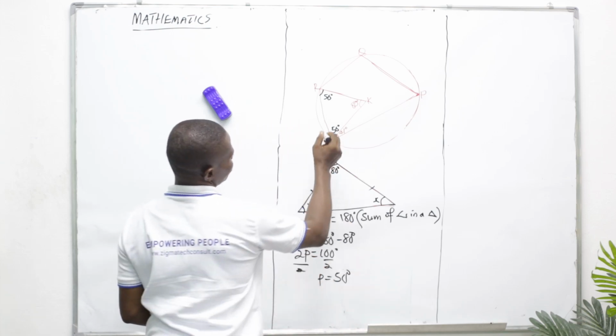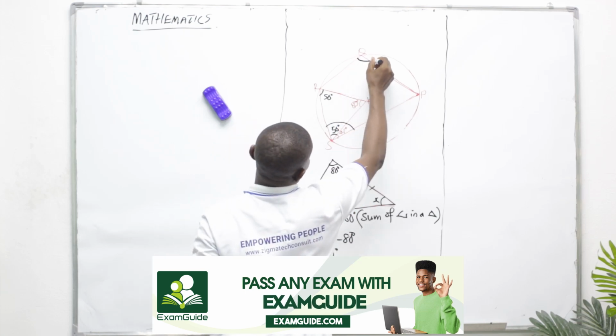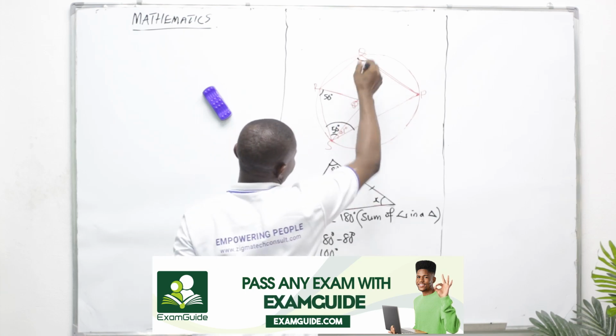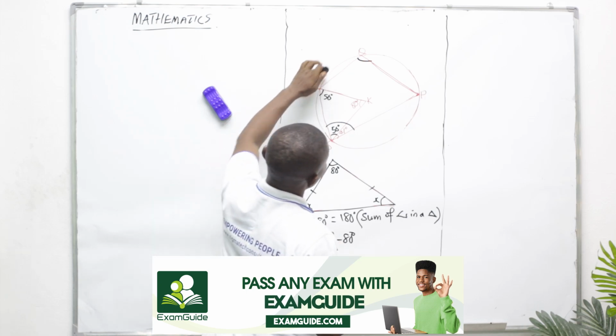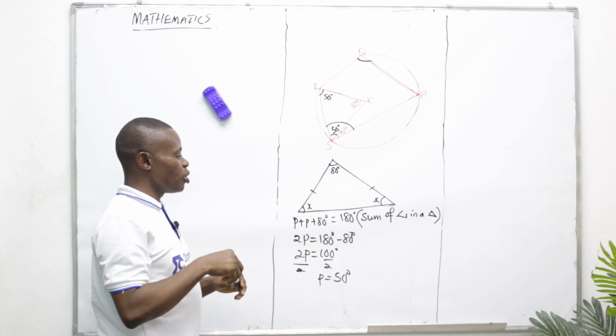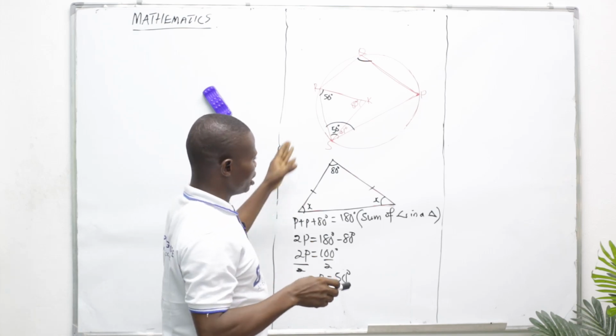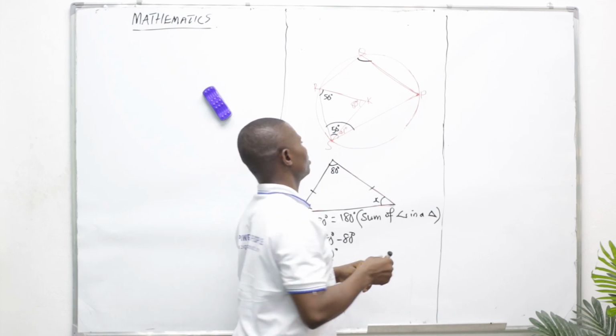We will have that the total of this place is directly opposite this. And we count 1, 2, 3, 4. How many points? We have 4 points. Automatically, this is what? A cyclic quadrilateral.